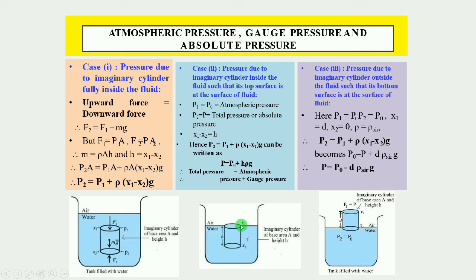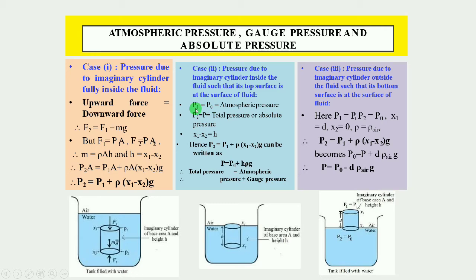Similarly, your reference points are the heights x1 and x2. Again we will consider pressure P1 at the top and P2 at the bottom. Now the height of the imaginary cylinder is h.